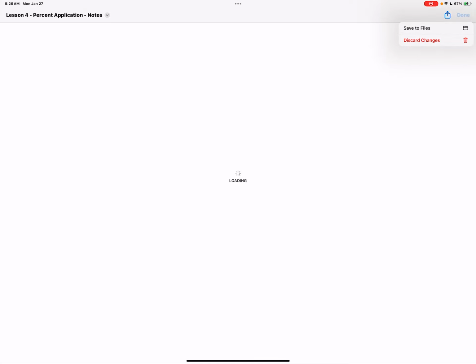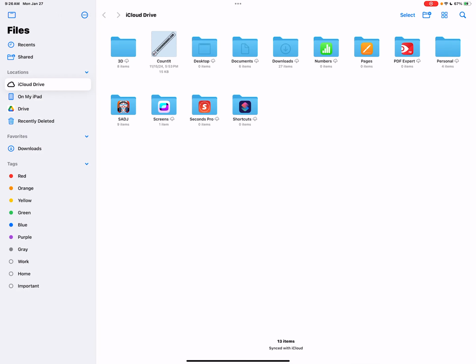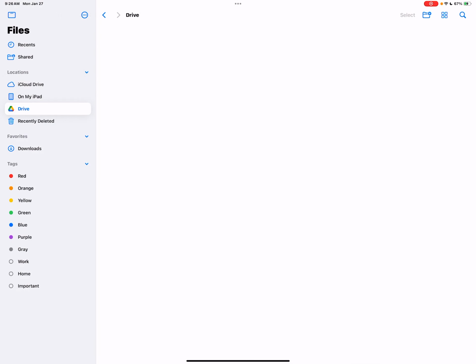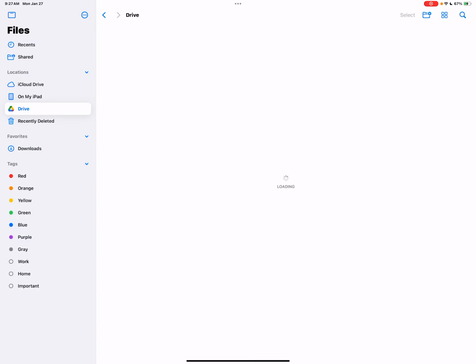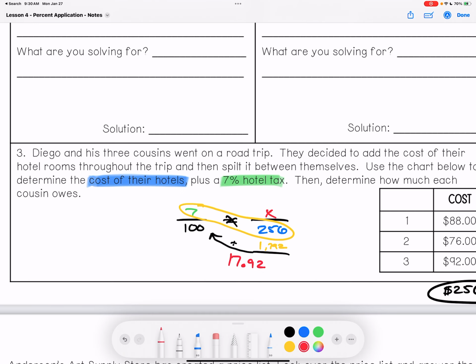Let's see if I can go back into it real quick. Oh my goodness. The whole thing just left. That's not how much each person owes because there's only 3 people, guys. That's the tax. We have to figure out the tax first.